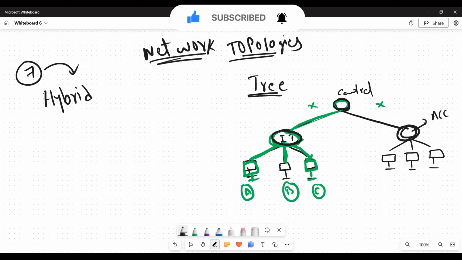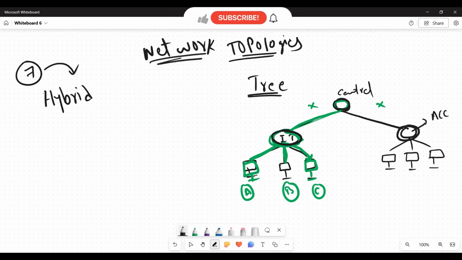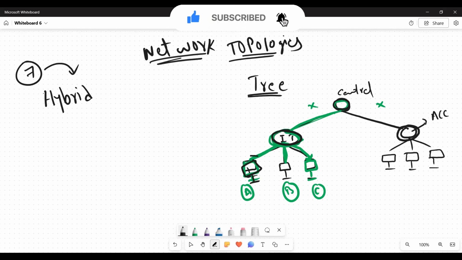And if any single device has trouble, only that device will not work as expected. So this is how tree topology works.